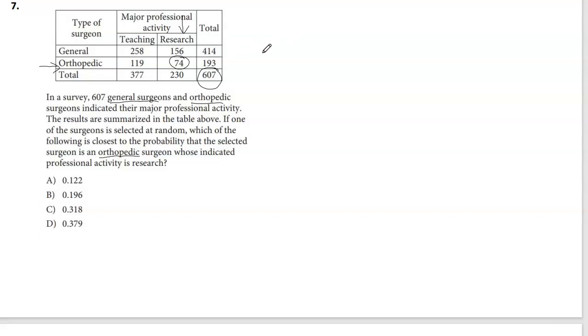From here we use our probability rule, meaning the number of possible outcomes over the total number of possible outcomes. So we have 74 over 607.